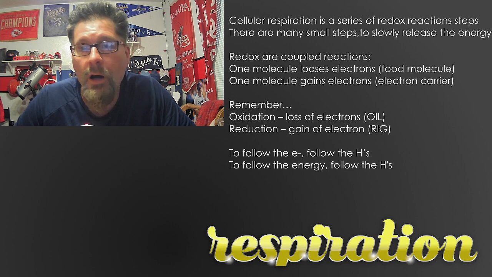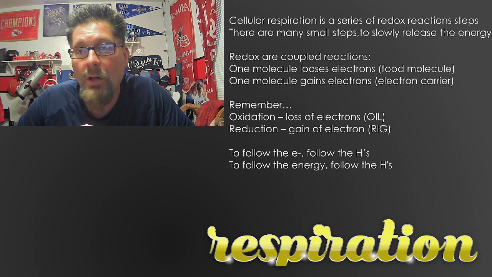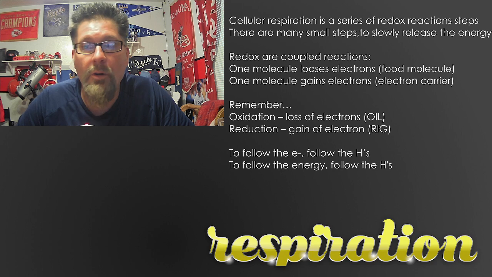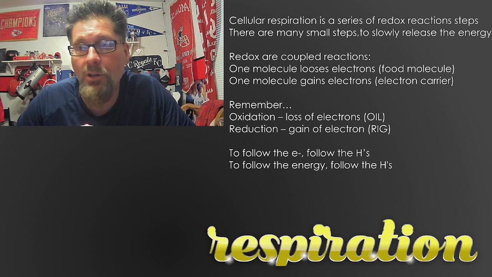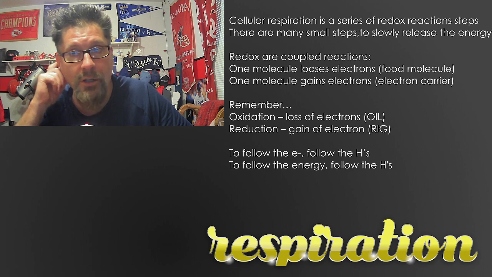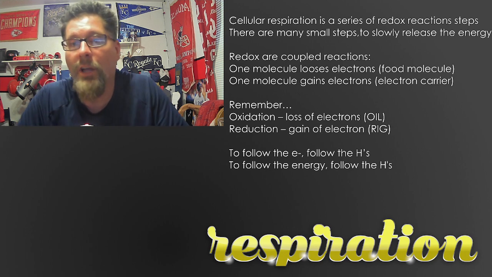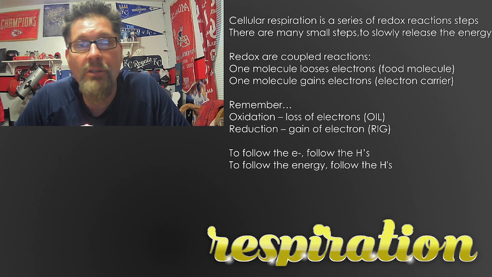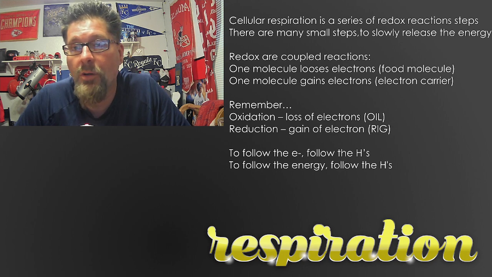But remember our OIL RIG: oxidation is the loss of an electron, oxidation, loss, OIL, and reduction, gain, electron, RIG, OIL RIG. So oxidation loses, reduction gains, and its energy value is what's being reduced.